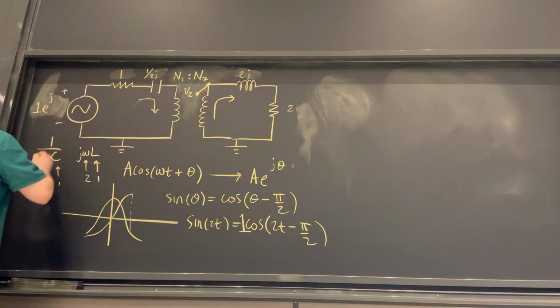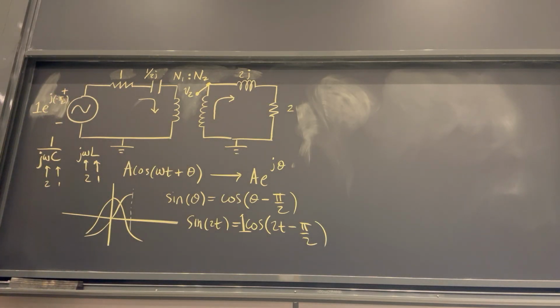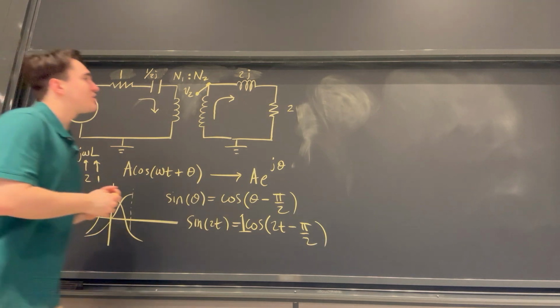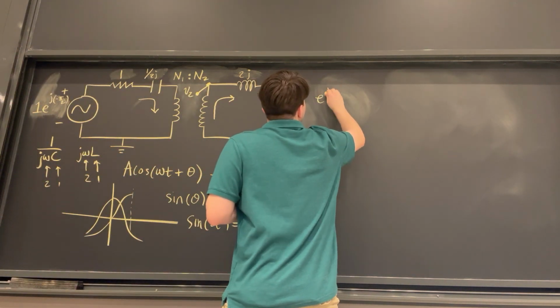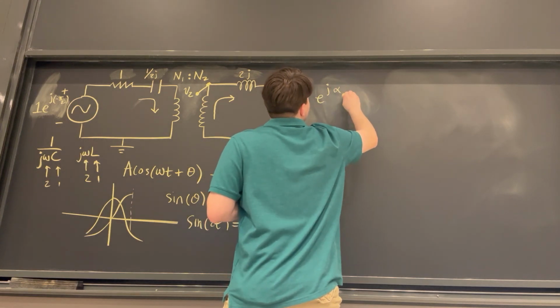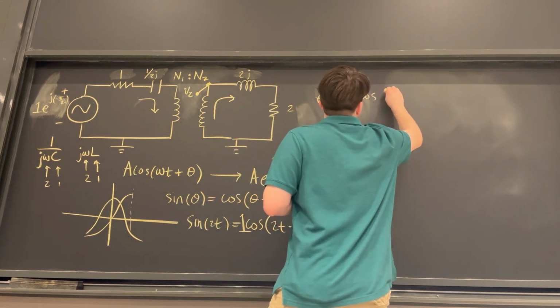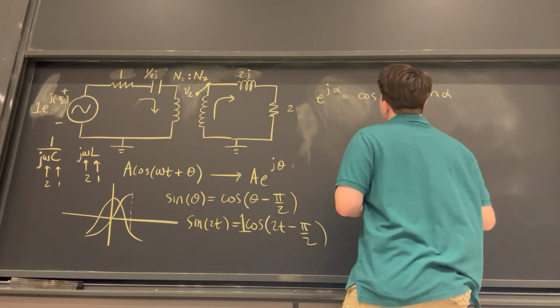That's negative pi halves. Perfect. And then also, if I just look at e to the j times negative pi halves, I can simplify that, of course. So we know that in general, e to the j alpha, where j is the imaginary unit, is generally equal to cosine alpha plus j sine alpha.